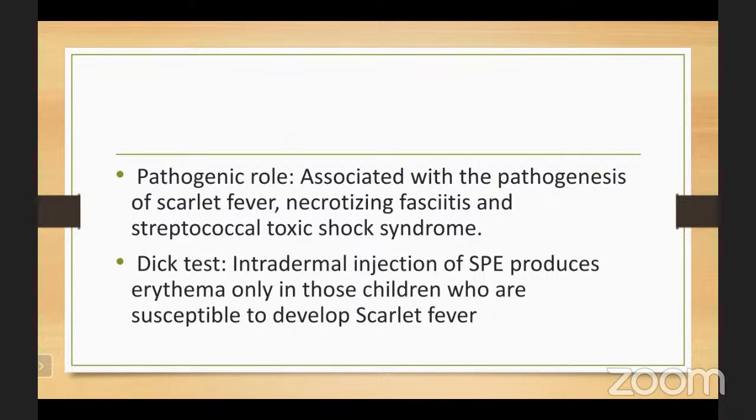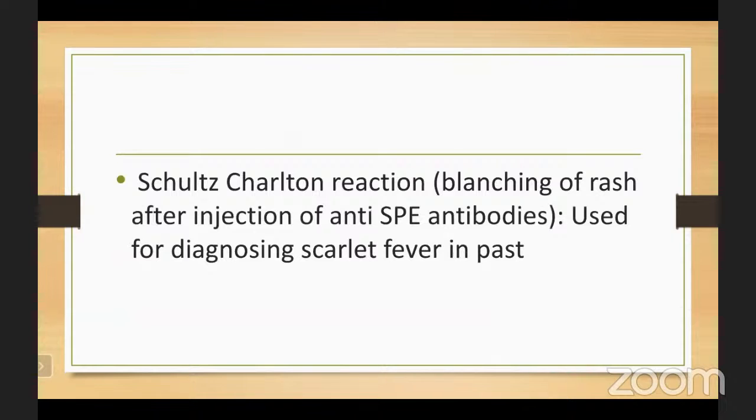In the Dick test, intradermal injection of streptococcal pyrogenic exotoxin produces erythema only in children who are susceptible to develop scarlet fever. Schultz-Charlton reaction is blanching after injection of anti-streptococcal pyrogenic exotoxin antibodies. It was used for diagnosing scarlet fever in the past.